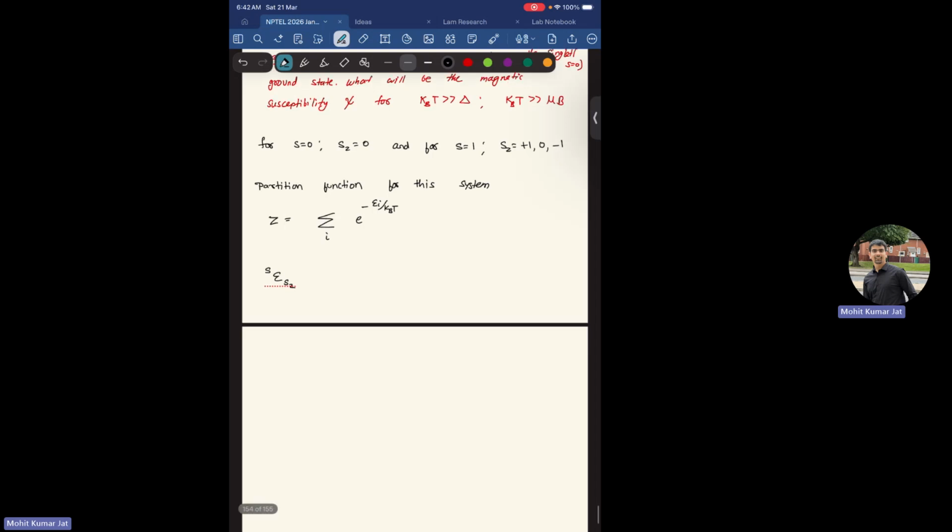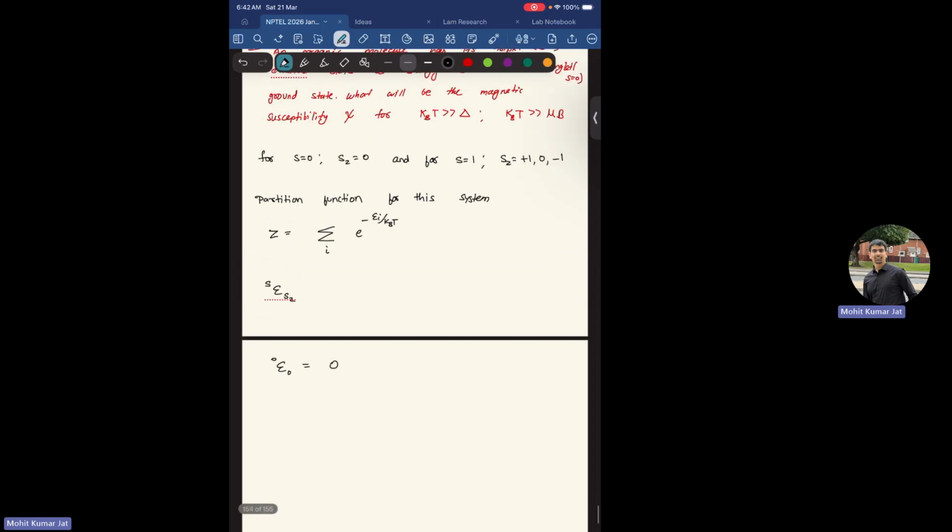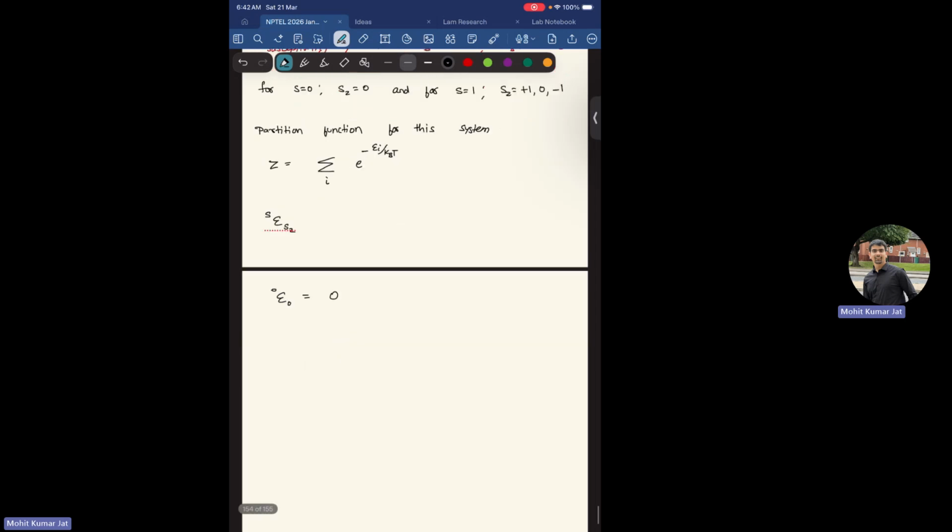So if I write E(0,0), that is nothing but 0, and in this case your g is 0, so that will give you 0 because there is no spin moment, and if there is no spin moment it's isotropic. If you apply a magnetic field there won't be any difference.